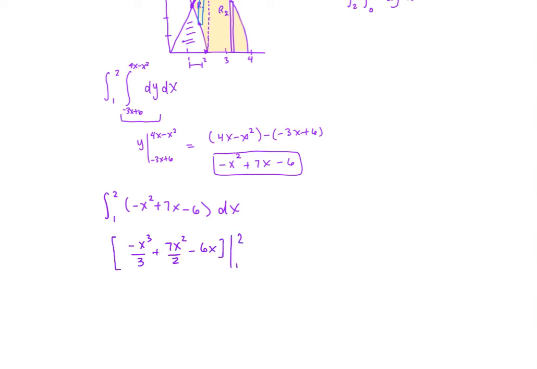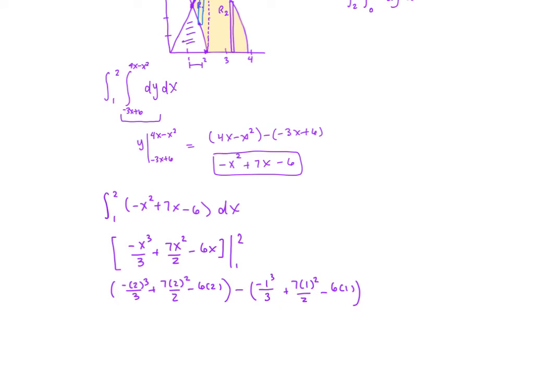from 1 to 2. So now I've got negative 2 cubed over 3 plus 7 times 2 squared over 2 minus 6 times 2, minus negative 1 cubed over 3 plus 7 times 1 squared over 2 minus 6 times 1.